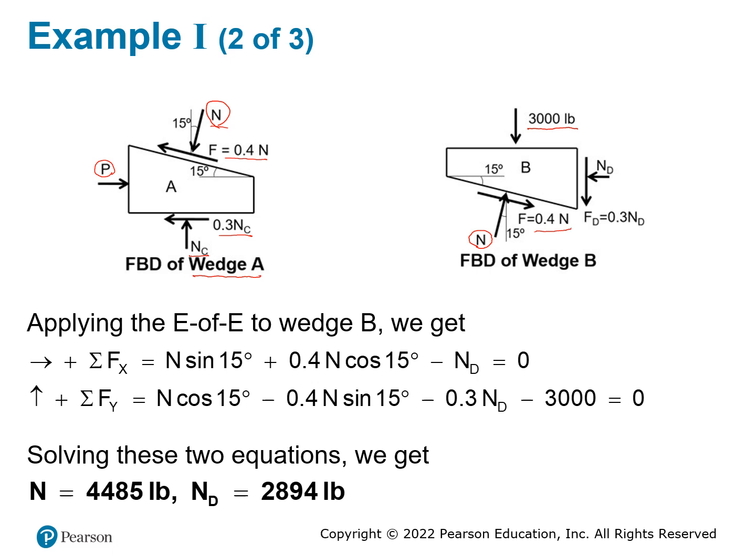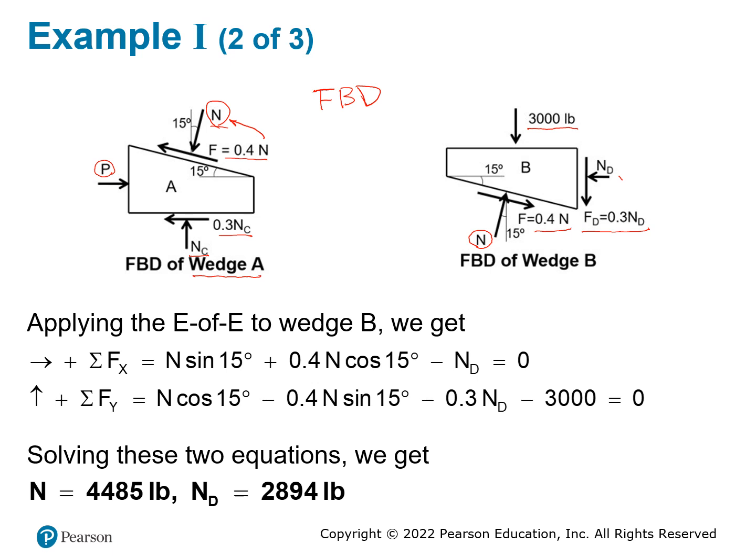This N is not Newton. This N is actually the normal force right here. And these two friction forces will be in opposite directions because they are action and reaction. On the wall, you also have a friction force, so this is also 0.3 times whatever the normal force is, which is N sub D. So there's two, so the key is really the free body diagram. You have to draw a correct free body diagram in order to analyze the situation.